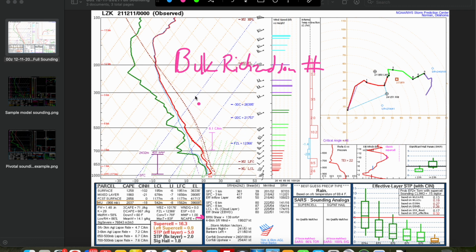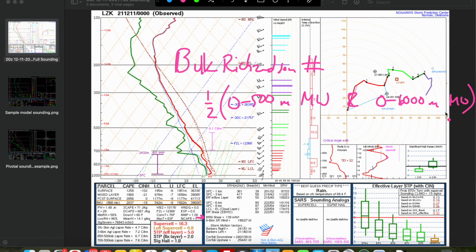Basically, the way the BRN shear is calculated is it takes half of the vector difference between the 0 to 500 meter mean wind and the 0 to 6,000 meter mean wind. Again, these are both pressure weighted mean winds.